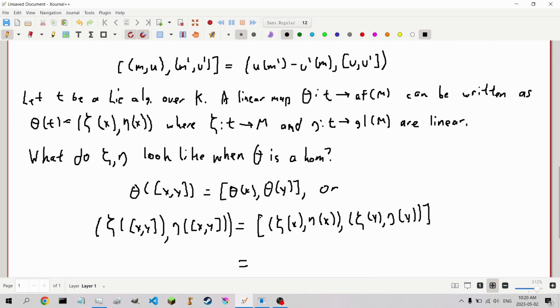So if we just plug that in, we get that this has to look something like this, because the elements on the right are going to be in the general linear group, and the elements on the left are going to be in the module that we're looking at. And then this element on the right is just going to be the bracket.